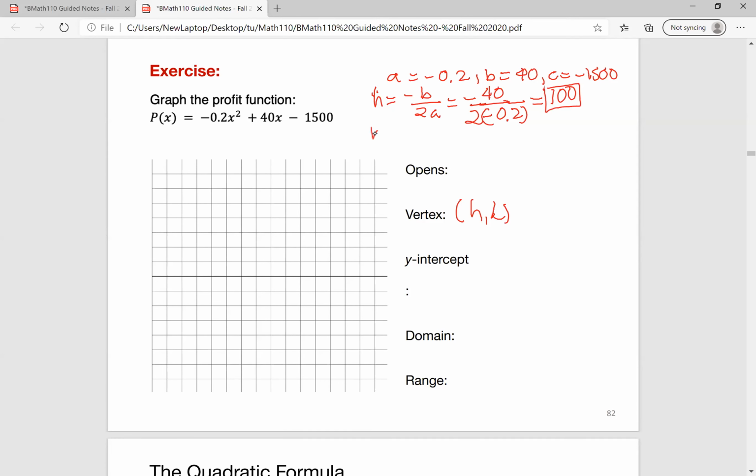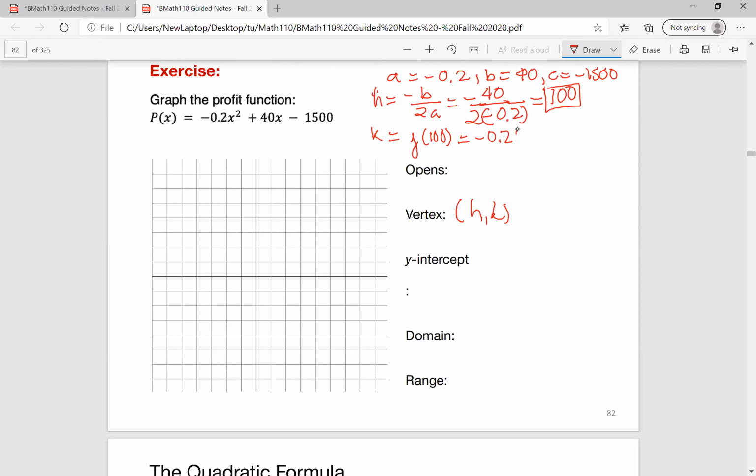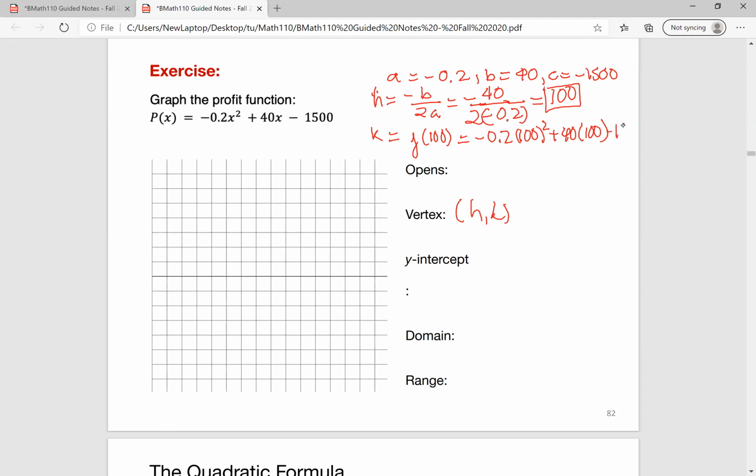And K will be equal to f of 100, and that will be equal to negative 0.2 times 100 squared plus 40 times 100 minus 1,500.